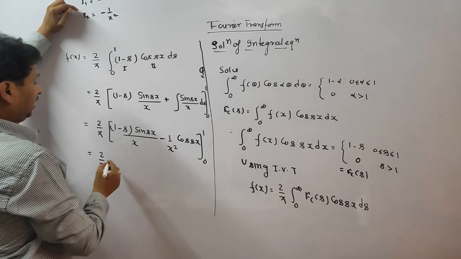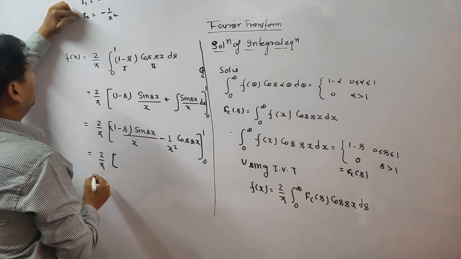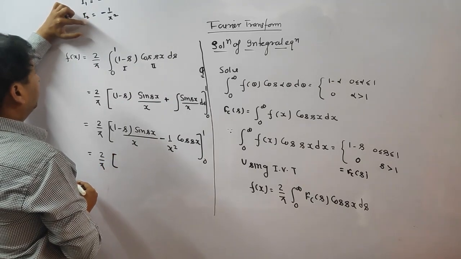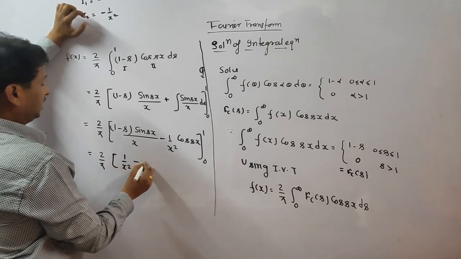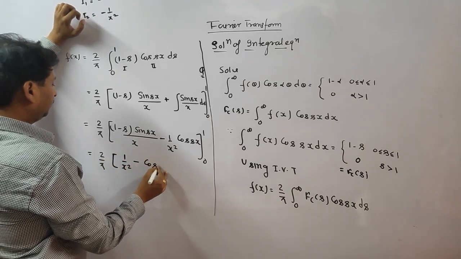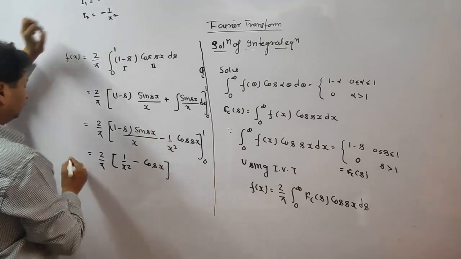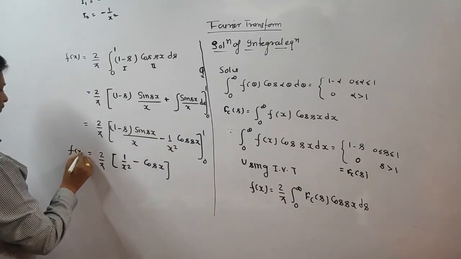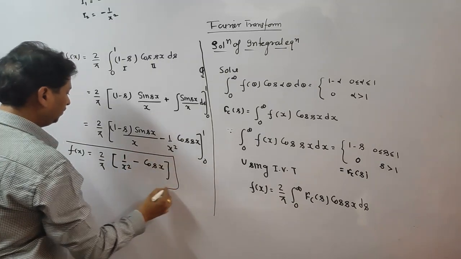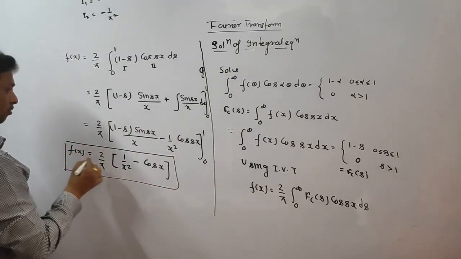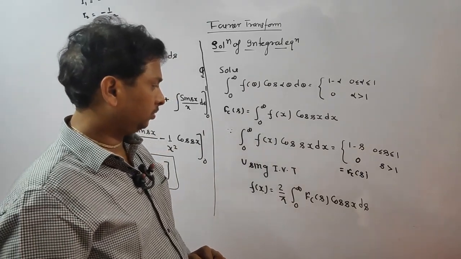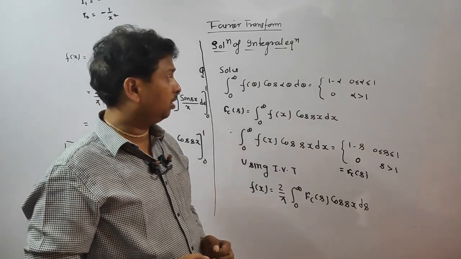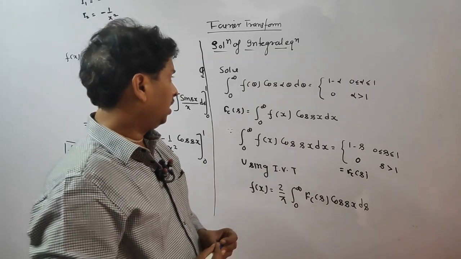So what is the integral value? I1 minus I2. So when we take minus, it is plus. So 1 by x square minus cos x. This is your f(x) answer. So hope you understand. Any doubt? I don't think so because it's very easy.